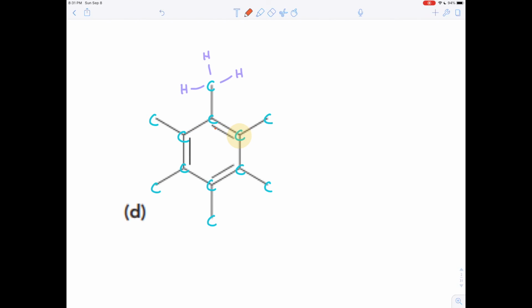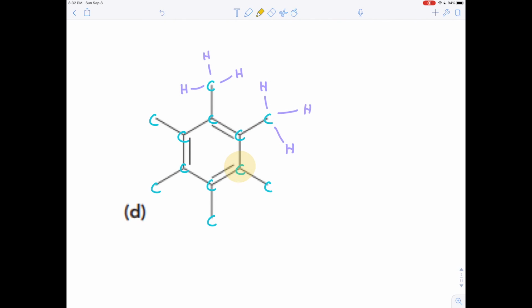The carbon to the right of it has 1, 2, 3, 4 bonds around it. That means it must have 0 hydrogens bonded to it. The carbon here only has 1 bond drawn to it. That means it must have 3 implied hydrogens bonded to it.